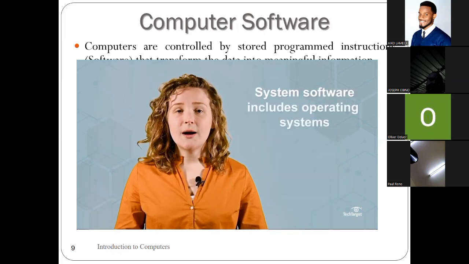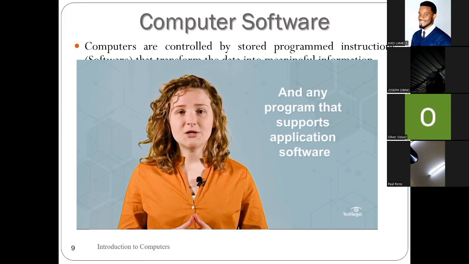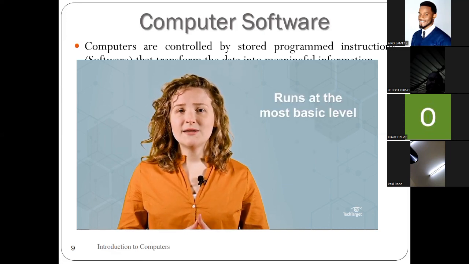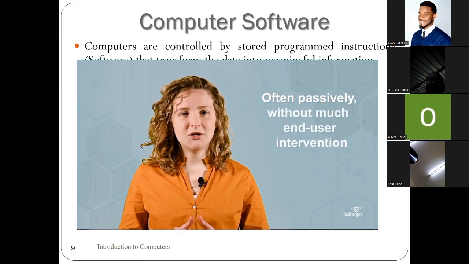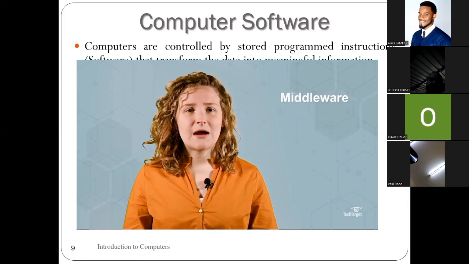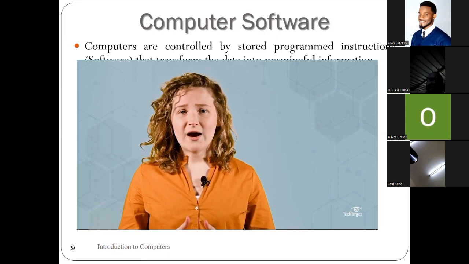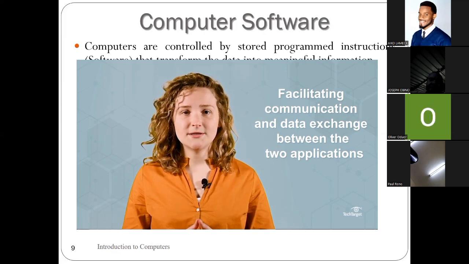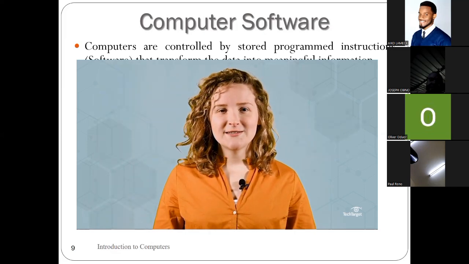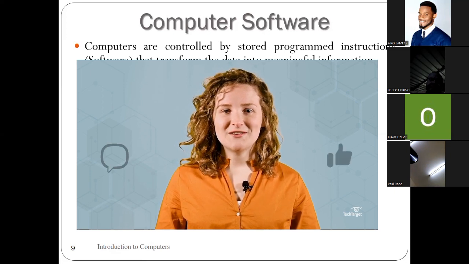System software includes operating systems, like Mac OS or Windows, and any program that supports application software. System software runs at the most basic level of a computer, and often passively, without much end-user intervention. Additionally, the term middleware describes programs that mediate between application software and system software. Middleware acts as a translator, facilitating communication and data exchange between the two applications. Remember when software came on floppy disks? What were some of your favorite old programs? Let us know in the comments, and be sure to give this video a like.